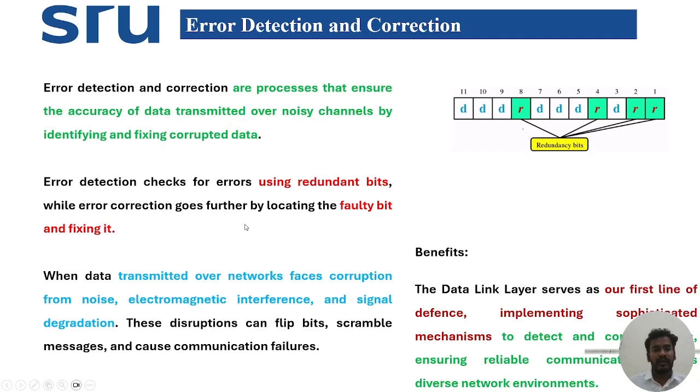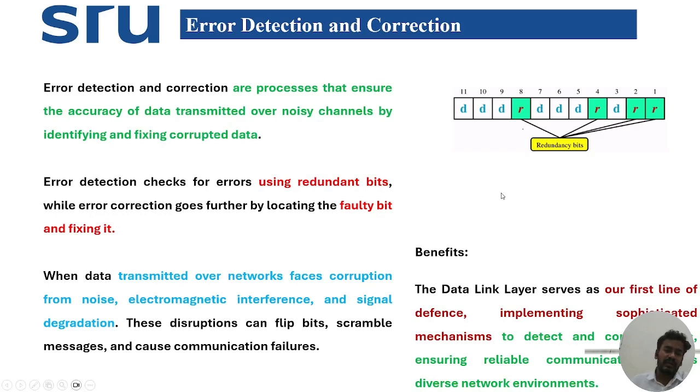Correction goes further by locating the faulty bit and fixing it. How does this happen? When data is transmitted over the network, it faces corruption from noisy electromagnetic interference and signal degradation. This disturbance can flip the bits.